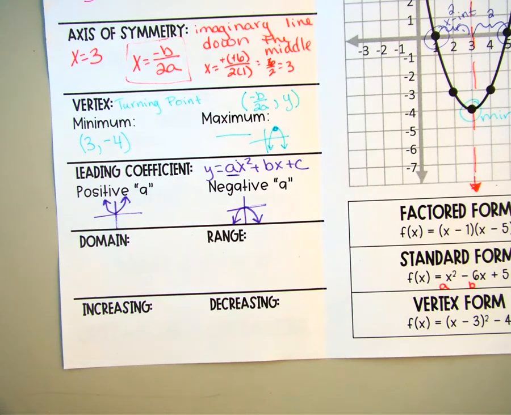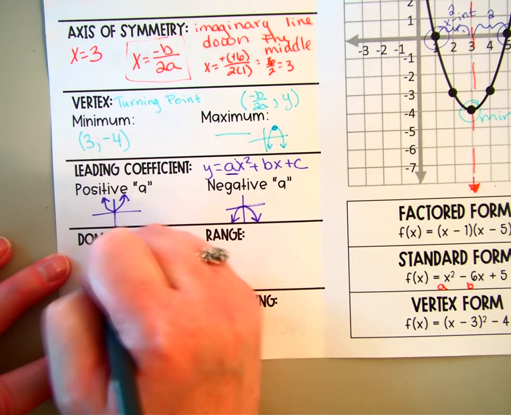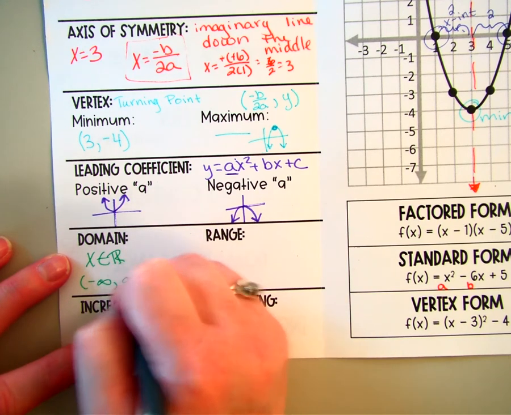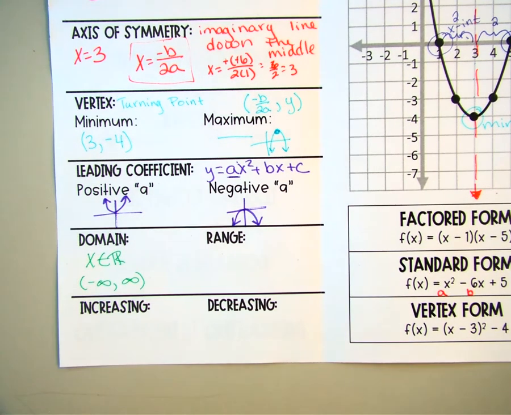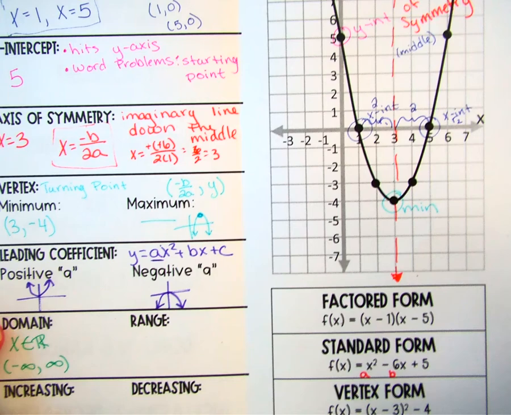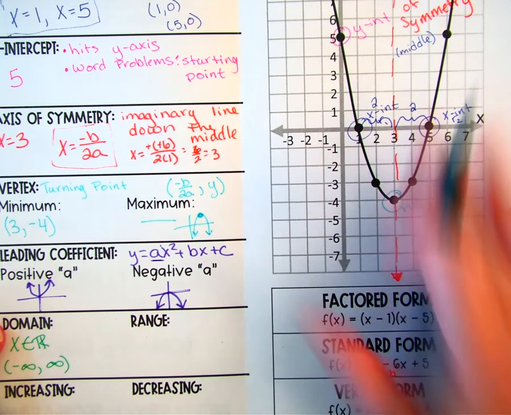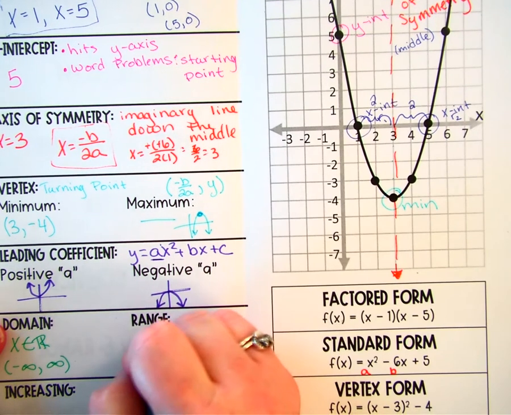Okay. Domain and range. Domains for our quadratics. This is not one of our restricted cases, so it's x is an element of the real numbers, or negative infinity to positive infinity, depending on which notation you like to use. Our range for this one, -4 is my minimum, and then it's going up, so it's everything higher than that.